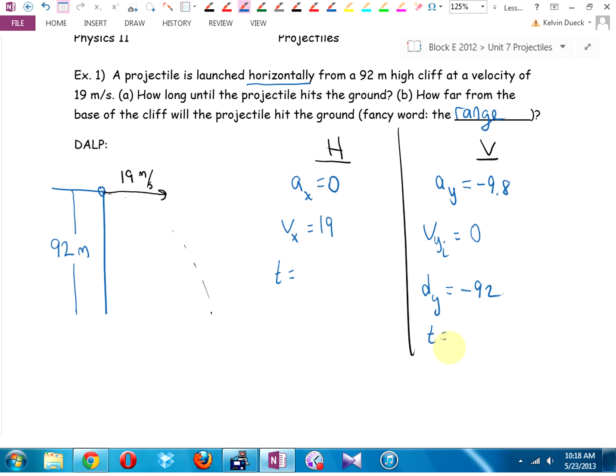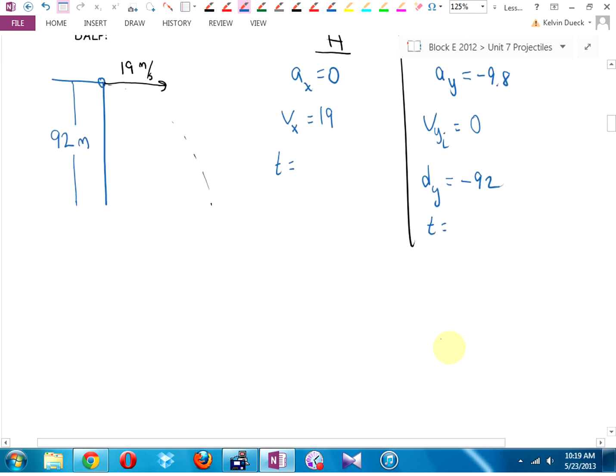This is complicated enough. Until I do a few of these, I'll write this out until I spot some patterns. I'm going to write dy equals Vy initial t plus a half Ay t squared. Oh! What can I do?